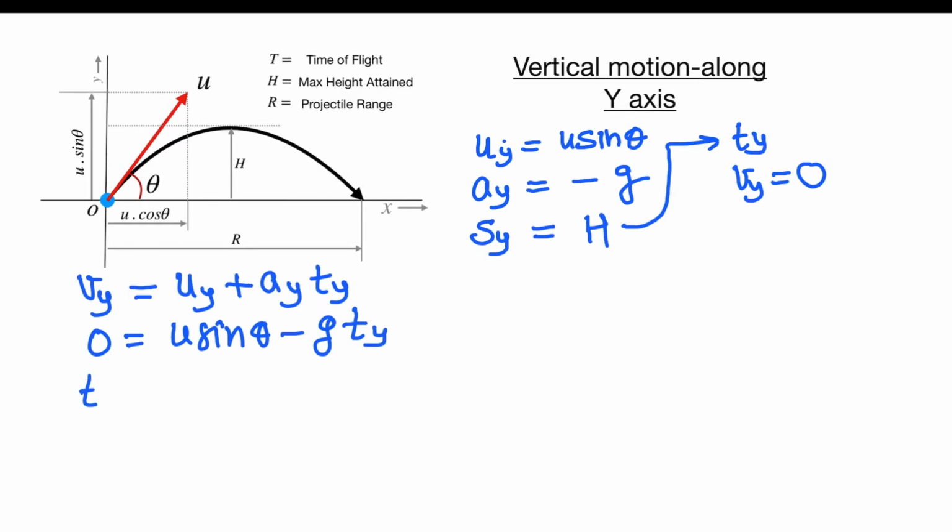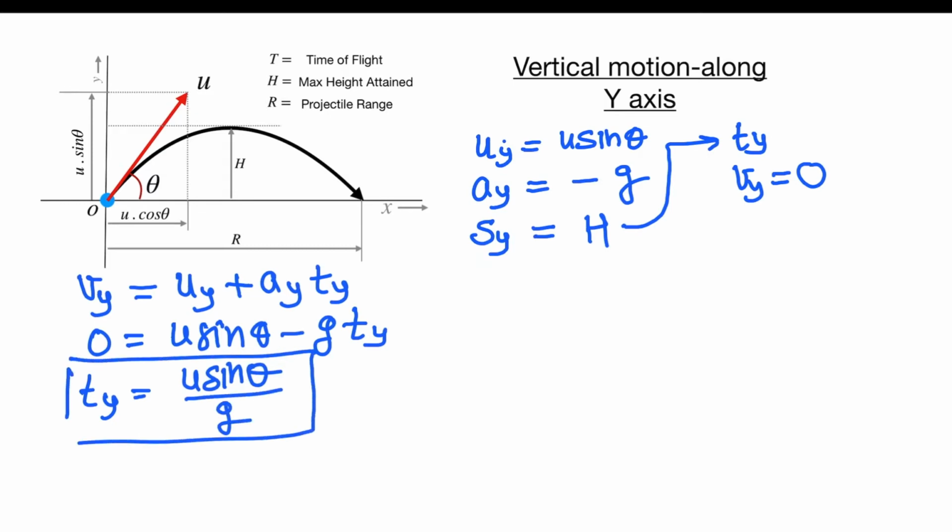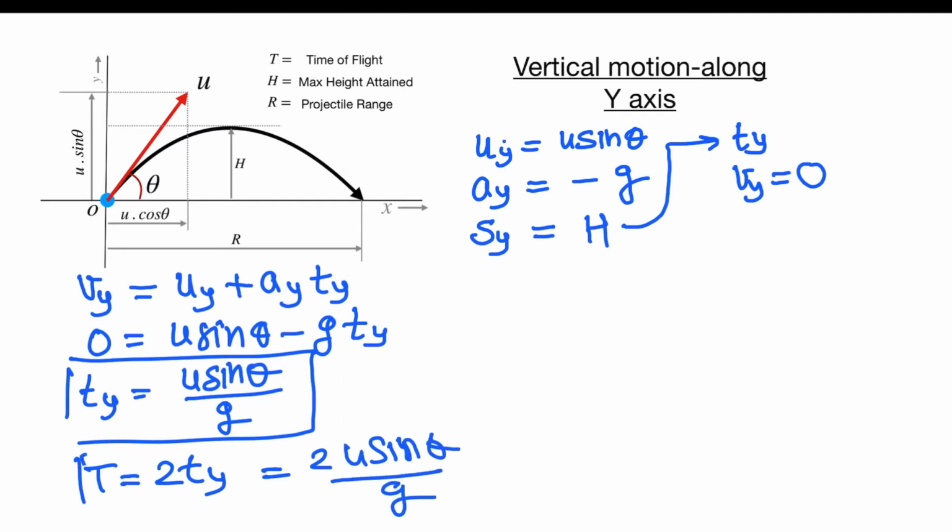So ty, the time to reach the highest point, is u sin theta divided by g. In projectile motion, the total time of flight is 2 times ty. So here the time of flight is 2u sin theta divided by g.